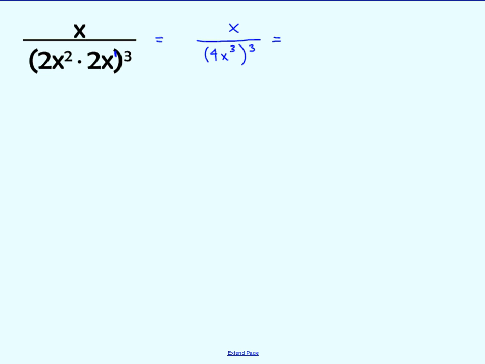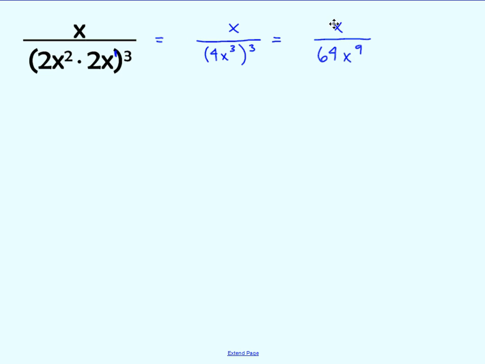So now, in the denominator, I have to do 4 to the third as well as x to the third to the third. So 4 to the third is 64. And then I have x to the third to the third, so a power raised to a power, I multiply the exponents, that would be x to the ninth. So now I have 1 x on top and 9 x's in the denominator.